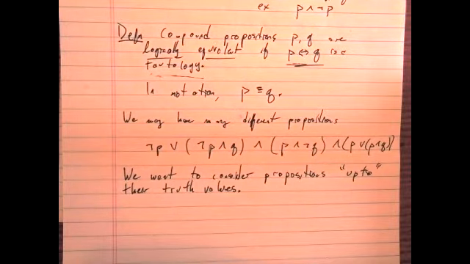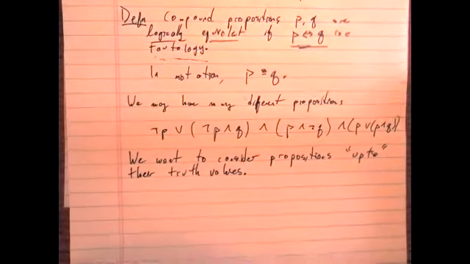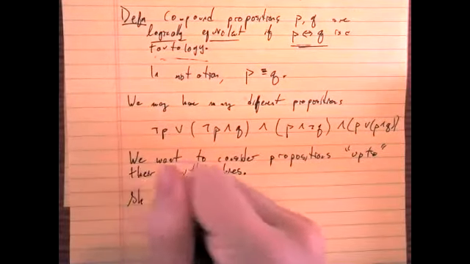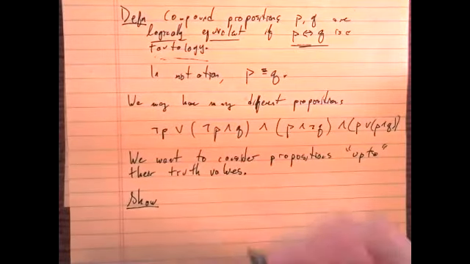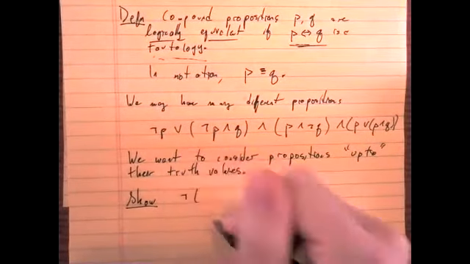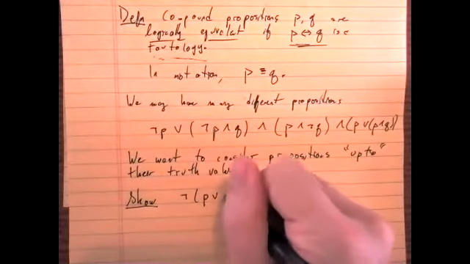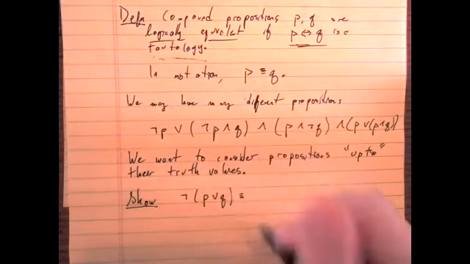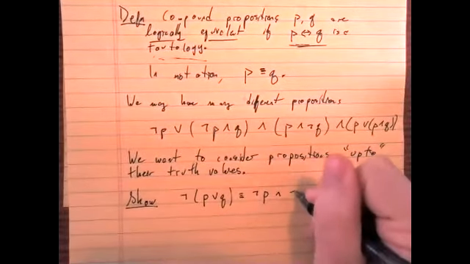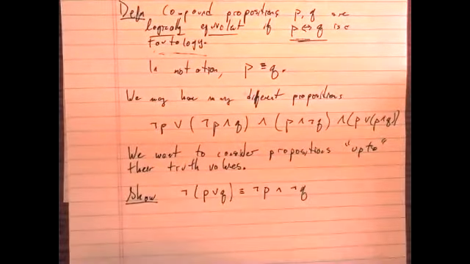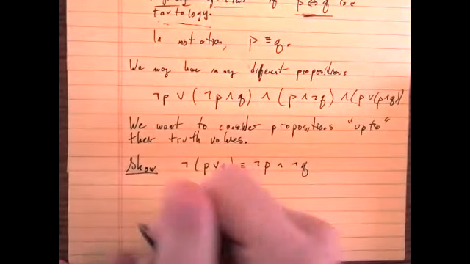I'll do an example. So for instance, let's show that not (P or Q) is logically equivalent to not P and not Q. Okay, well, we want to set up our truth table.